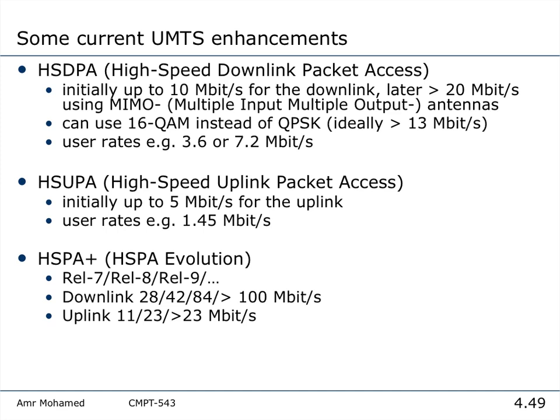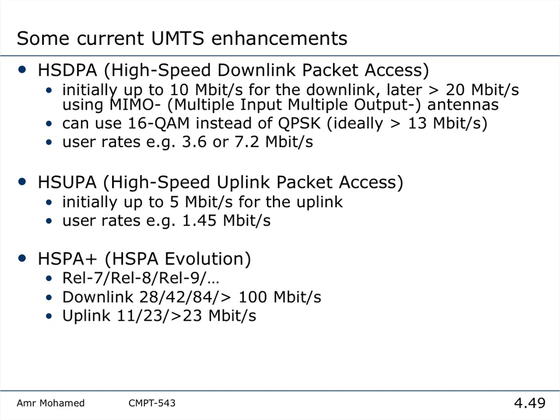So this is UMTS and the 3G standards, very quickly and at a very high level. We talk about some UMTS enhancements. This is what we call 3.5G, similar to 2.5G. At a very high level, there is the high-speed downlink packet access.